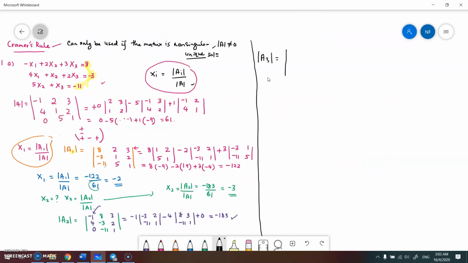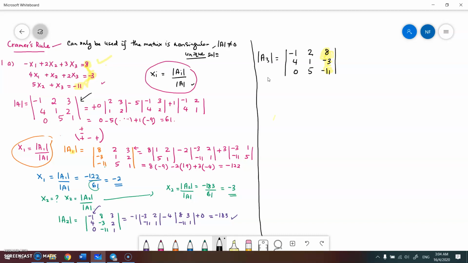How to find the determinant of A3? Okay, this is the matrix. So the first and second columns remain. But the third column you have to change with 8, negative 3, negative 11. If we represent this with Ax equal to b, we have to represent it with the column b here.